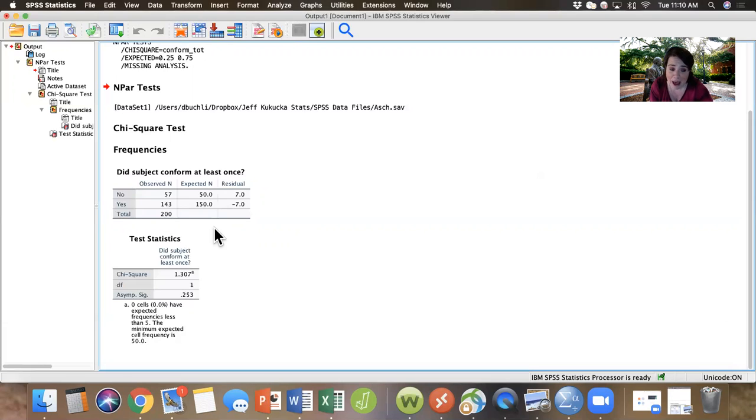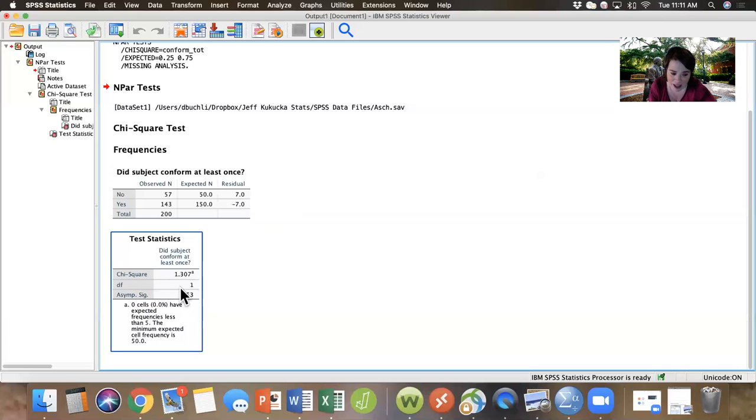All right, so how do we know whether our sample is significantly different from Asch's sample or not? Well, first, we have our chi-square value, and our chi-square value is exactly the same value that you would calculate by hand.